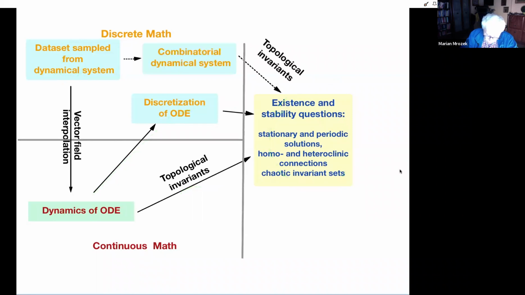So the big question is, would it be possible to take a shortcut? Just build a combinatorial counterpart of the classical dynamical system, living in the world of discrete mathematics, and adapt these topological invariants to work directly with it.